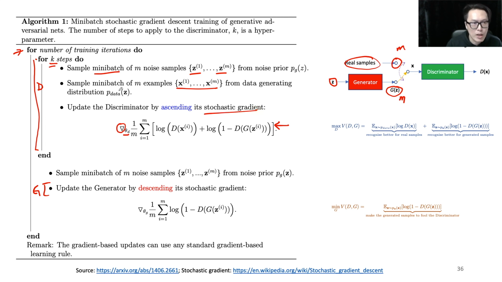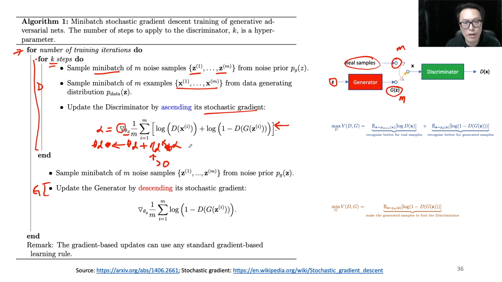When we repeat this loop a few times, for example, when we get to this point, we come up with alpha. Alpha is the gradient of this term, and we use it to update theta d. So we have the current theta d plus eta d, which is the learning rate greater than 0, times alpha.